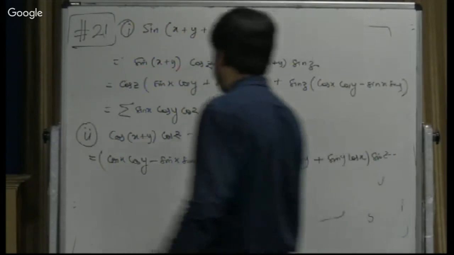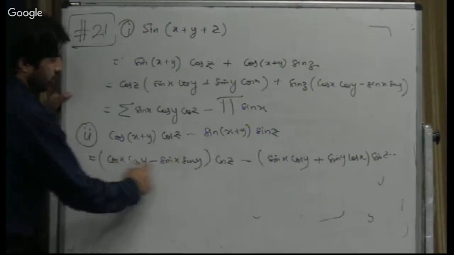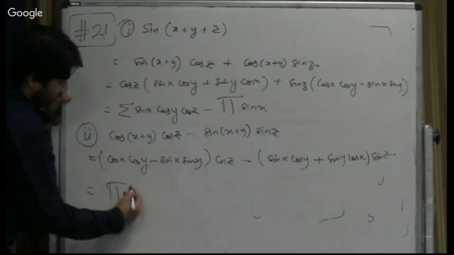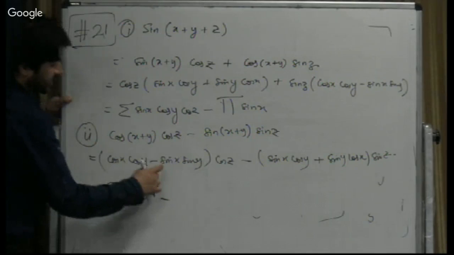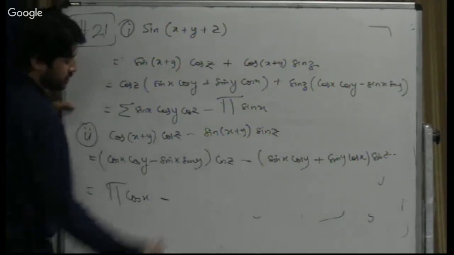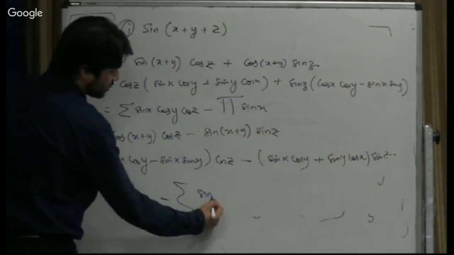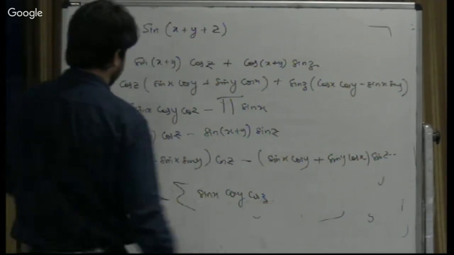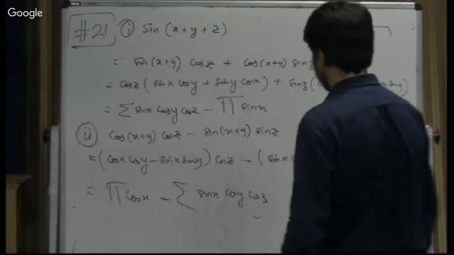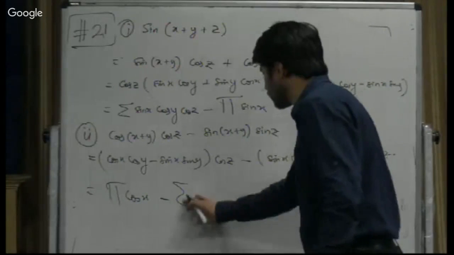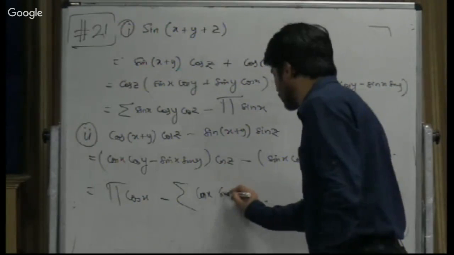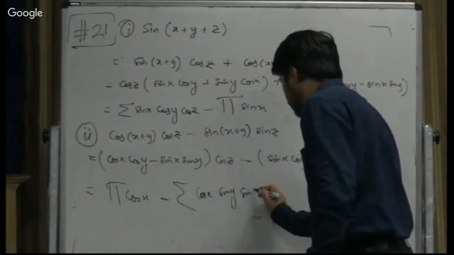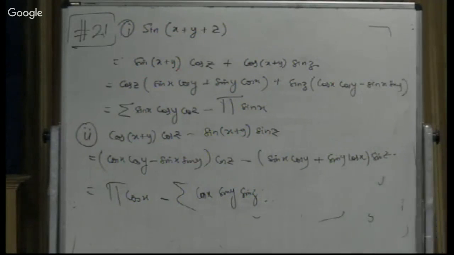Now observe, this fellow is alone with all the cos, right? So I can write it pi cos. And minus के साथ क्या है, दो sin है और एक cos है. So I can write it sin x cos y cos z. दो sin है क्या? Okay. So cos x sin y sin z. Clear? Okay.